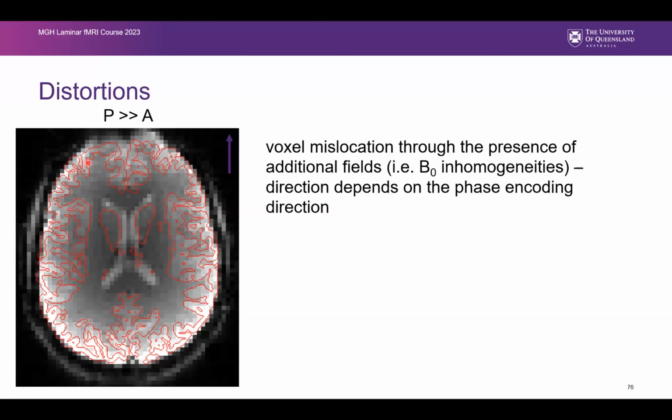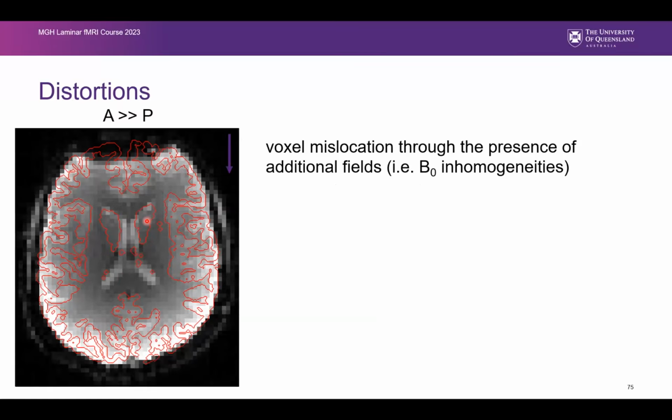And you can choose with the phase encoding direction where the voxels will be shifted. So will they be squeezed into the rest of the brain, or will they be squeezed out of the brain? But you can also see it's actually quite a strong effect.